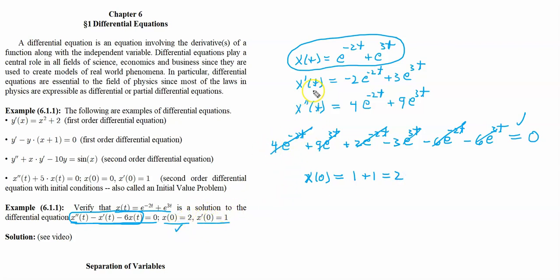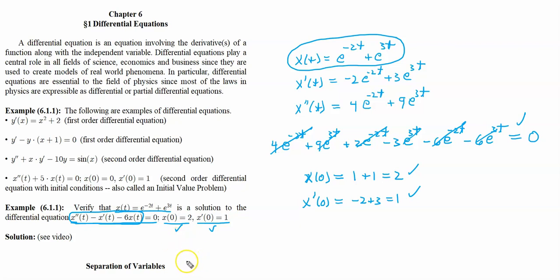And if I look at the derivative evaluated at 0, x prime of 0, so if we put 0 in for t up here, we get negative 2 plus 3, and that is equal to 1, so that verifies those two initial conditions. And there you go. So we have verified that that function is a solution to the initial value problem.